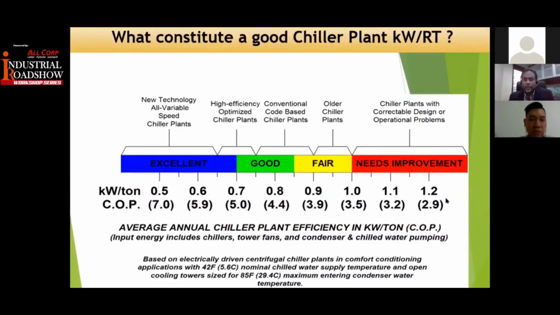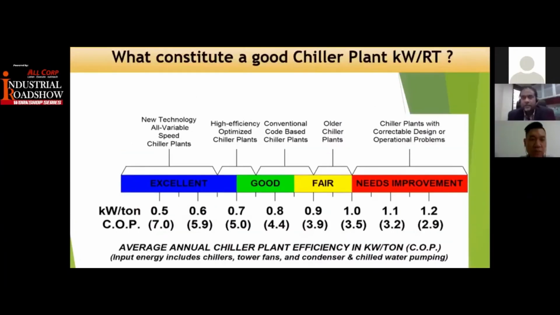So how can you get this index as an initial index measurement for your plant? You can do this by using a rough estimation of the tonnage being used by the plant. That means if your chiller is, let's say, 1000 ton, and you see the running amps of the chiller is about 80%, roughly you can take it as 800 ton as your chiller plant tonnage to the building.